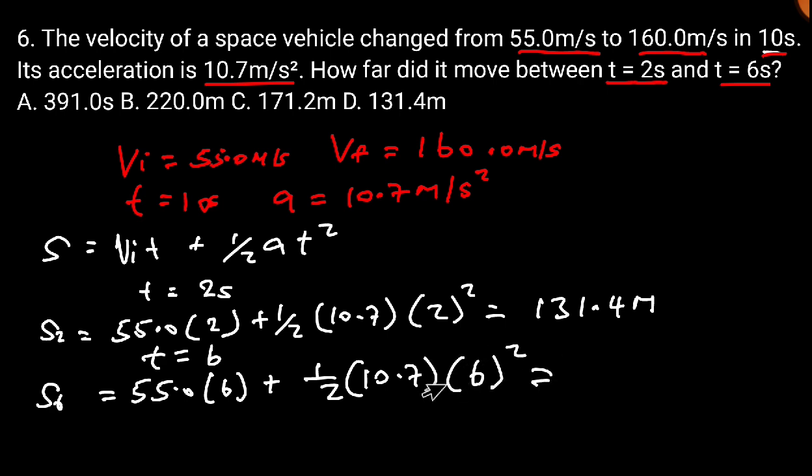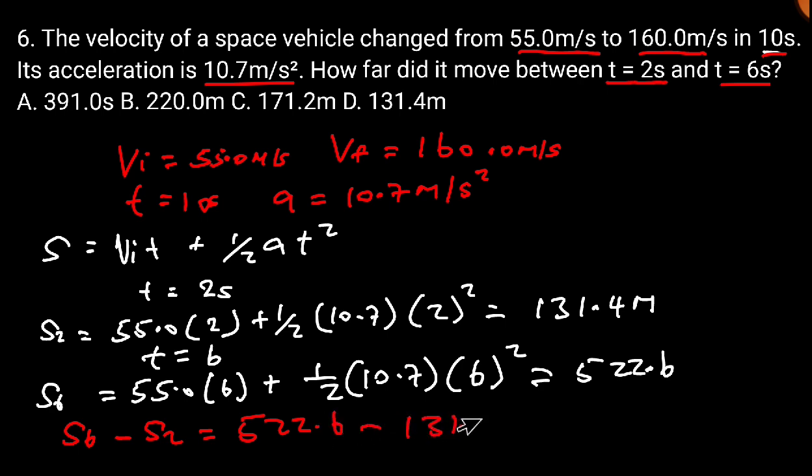If you plug this in your calculator, we're going to get 522.6. Now the displacement is going to be s6 minus s2. So this is going to be 522.6 minus 131.4, which is equal to 391.2 meters.